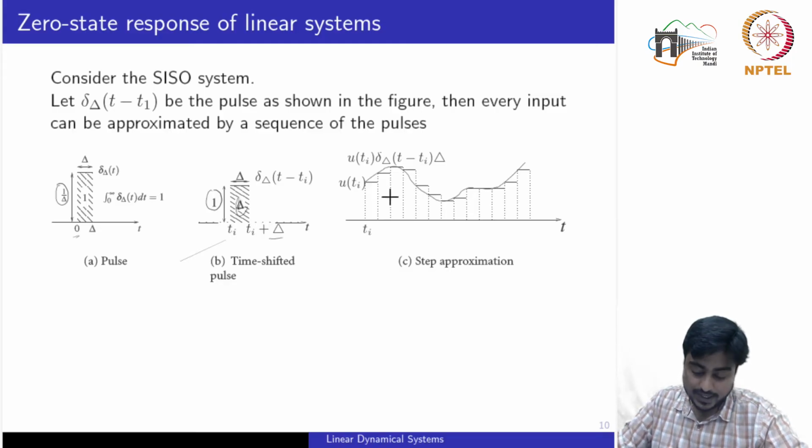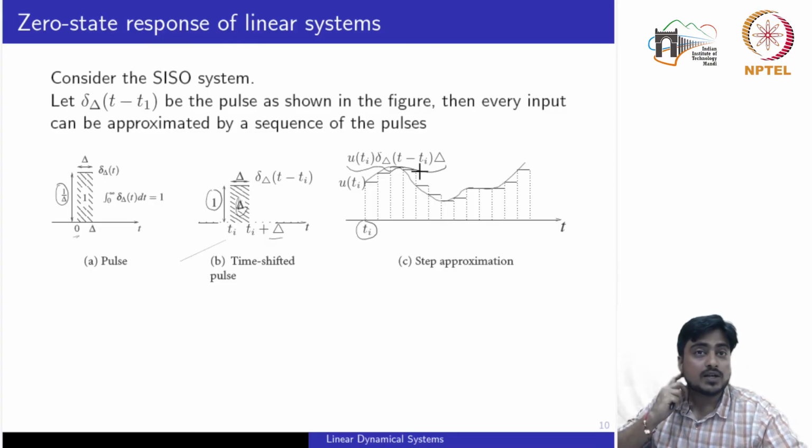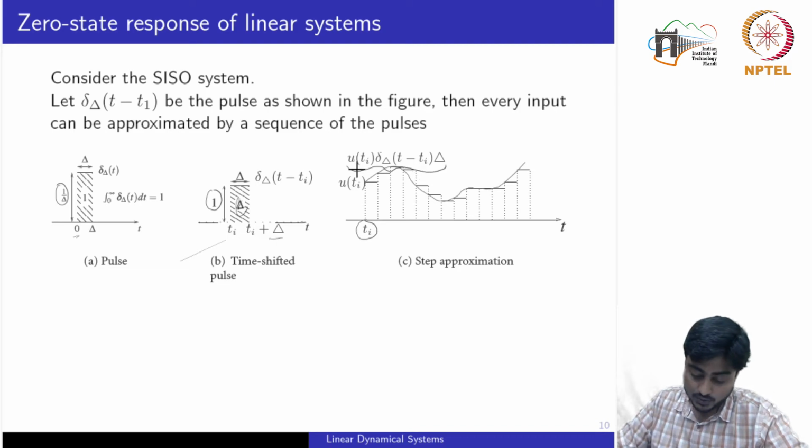Now if we take any input signal, which is a continuous time signal, and we multiply that signal with this pulse, and we need to know the value of the input signal at time t_i, then this input variable is defined by this equation, u of t_i times delta of capital delta t minus t_i times delta, and we know that this part is equal to 1, right?